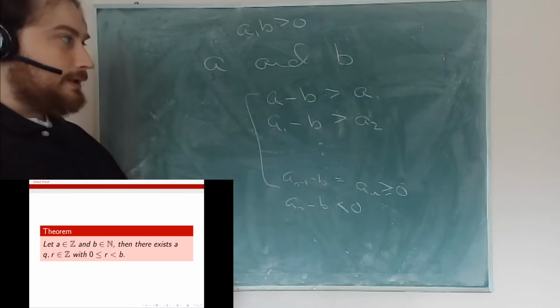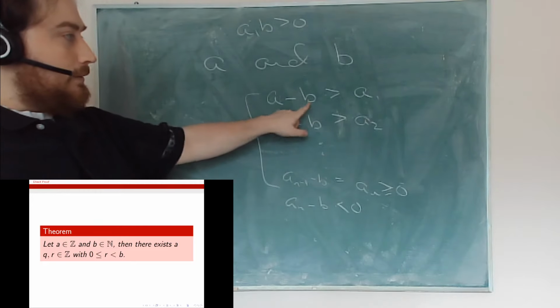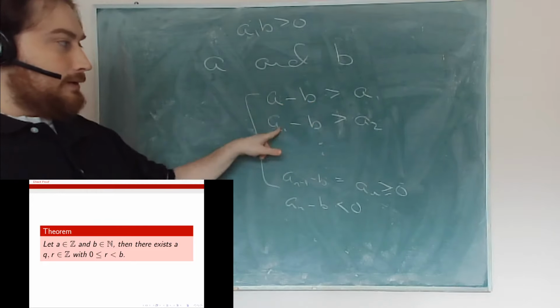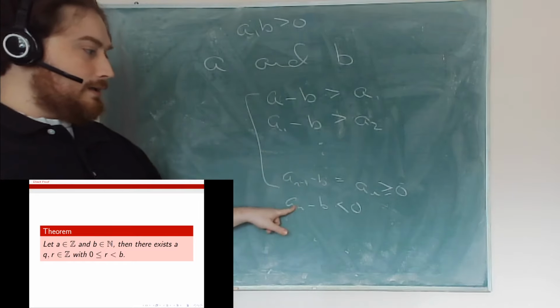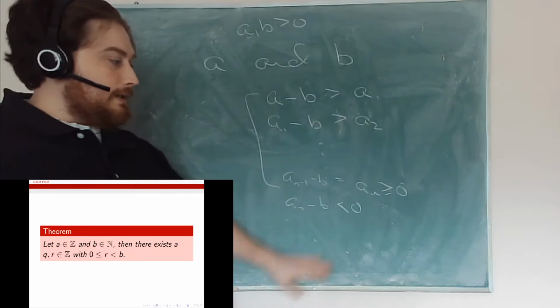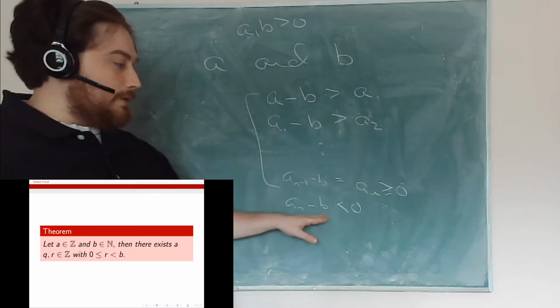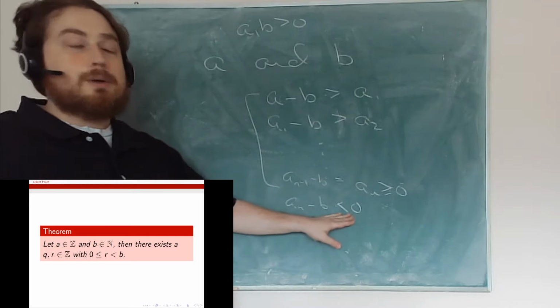We were able to subtract b 1, 2, n minus 1, n times. So we're able to subtract b n times and still have a positive number. But if we try to subtract it n plus 1 times, we get a negative number.